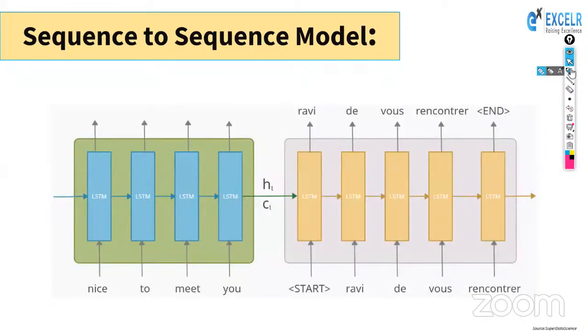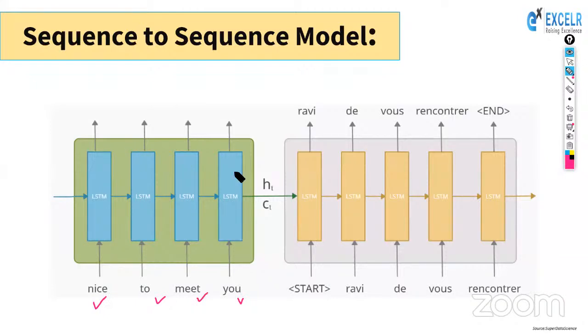So this is a little bit of technical detail related to the encoder and decoder. As I told you, these encoder and decoder models are nothing but LSTM models, right? So this is one typical example I have taken. Let's suppose I have a sequence of words as an input like "nice to meet you". This is the sequence of words which is the input to my encoder model.